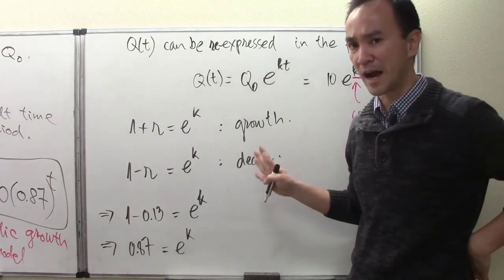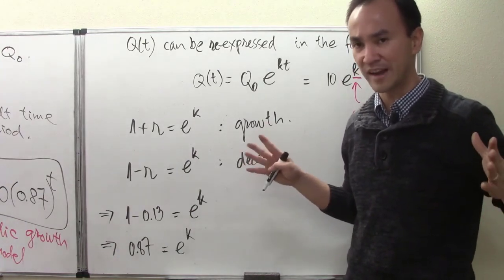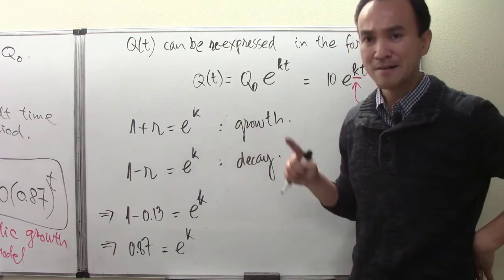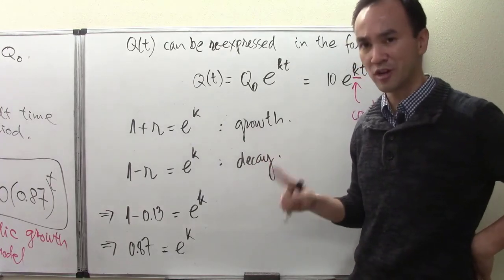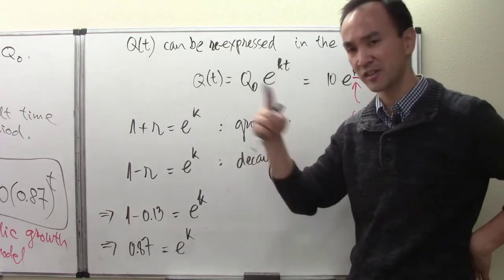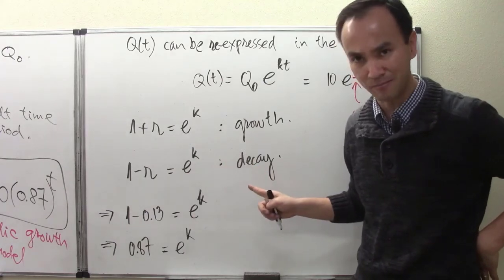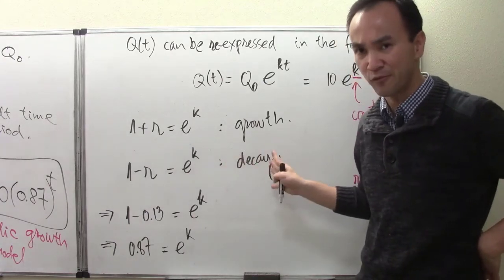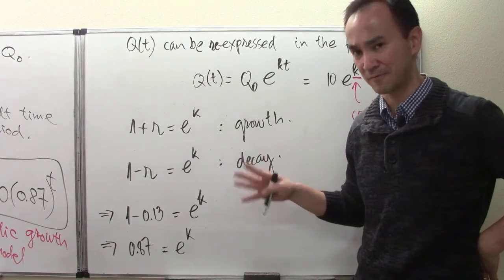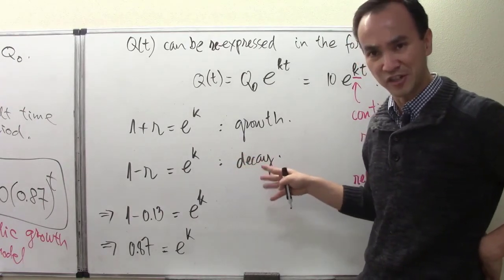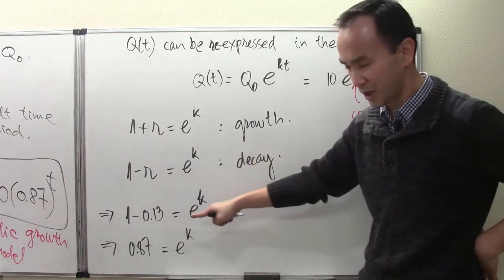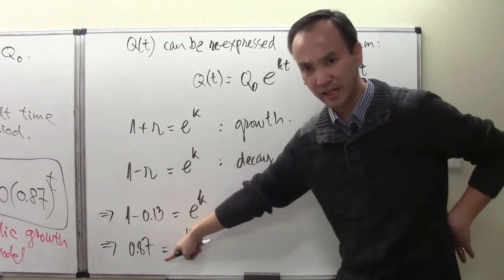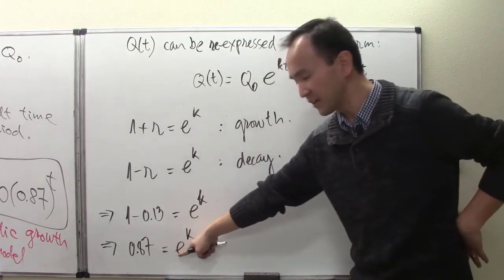So the primary goal here is applications of exponential functions, but here and there logarithm operations become handy in our problem. So the reason I said that, right here: 0.87 equals e to the k.